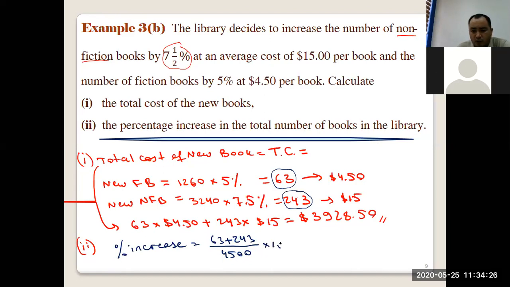So that is 100% times 63 plus 243 divided by 4,500, which is equal to 6.8%. So overall, by adding 63 fiction books and 243 non-fiction books, we have increased the number of books in the library by 6.8%.